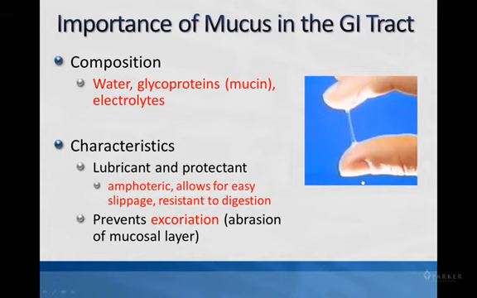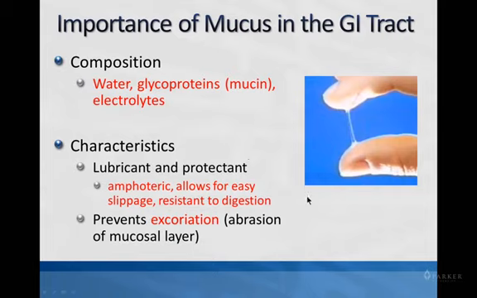Here we're talking specifically about things moving across the mucosal lining. Just from normal wear and tear, you can abrade the layer of the GI tract, so mucus helps prevent that excoriation. Other components of secretions will protect against digestion of the mucosa, as well as against things like acids that may be found in that particular part of the GI tract. So that mucus, we're going to see, is found no matter where we are.